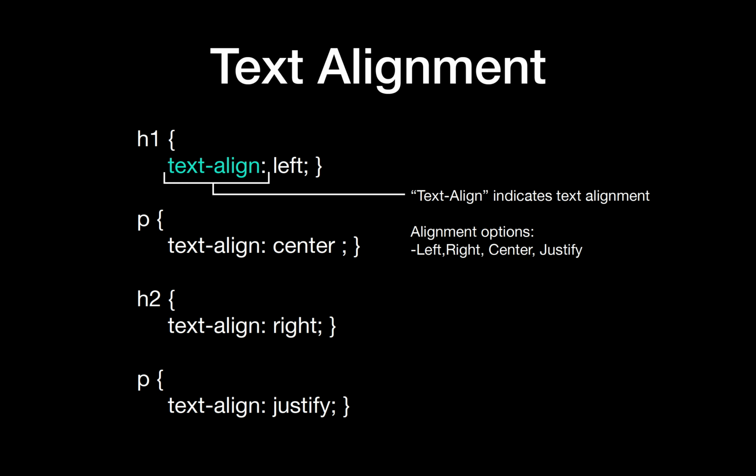Text alignment. So again, you can control text alignment universally with your CSS. So text alignment, for example, here, this is our header. We want to set text alignment to left, and that will left align everything. Your alignment options, you can text align center, text align right, and text align justify.